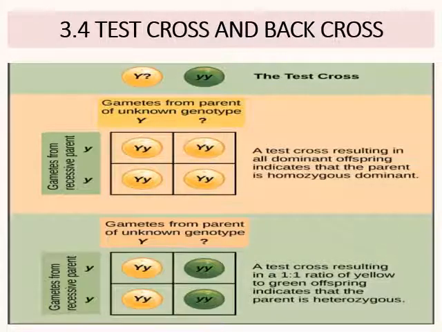When the ratio obtained is 1:1, here the parent is heterozygous or hybrid, and when all the plants obtained were yellow, then it means that the parent is homozygous dominant.